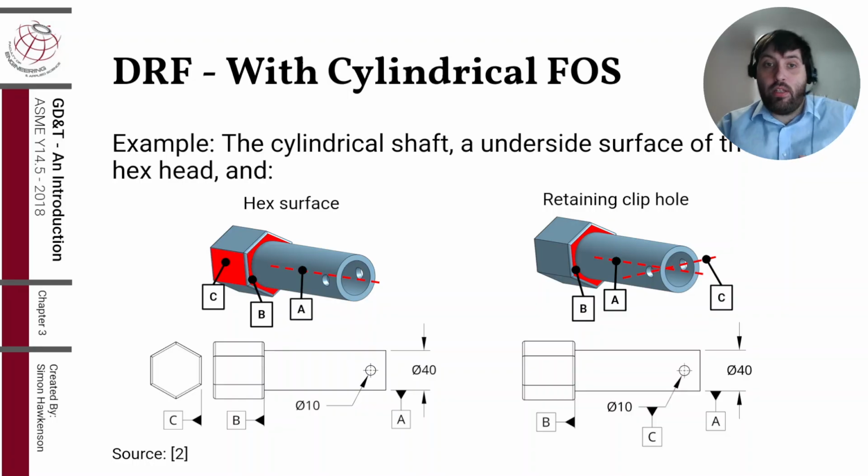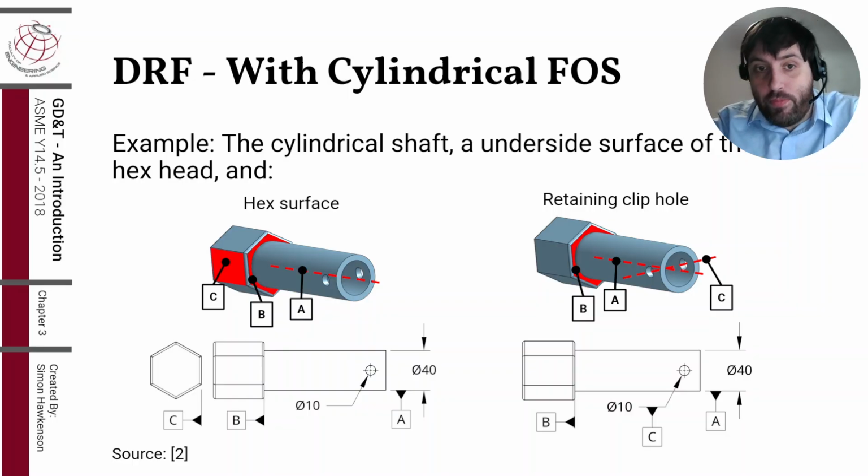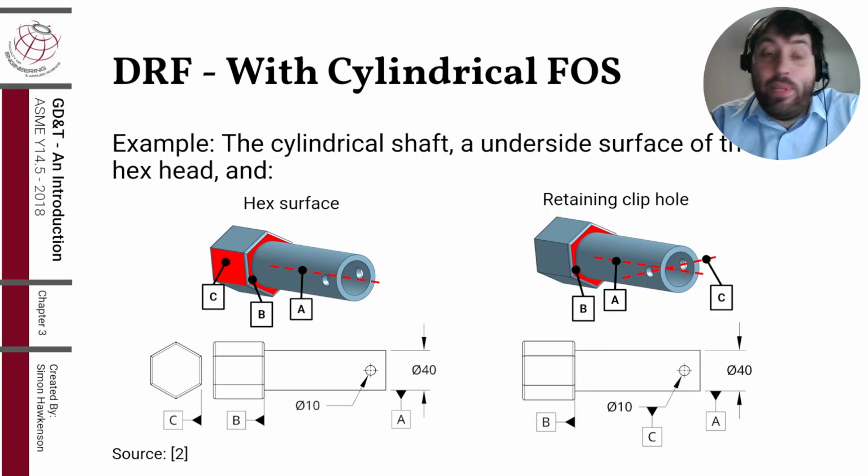That's where communicating design intent is crucial. You often have to consider the function of your part when selecting datum features. There are technically many ways to establish a datum reference frame, but not all of them are good. The best ones help to communicate the design intent of the part.